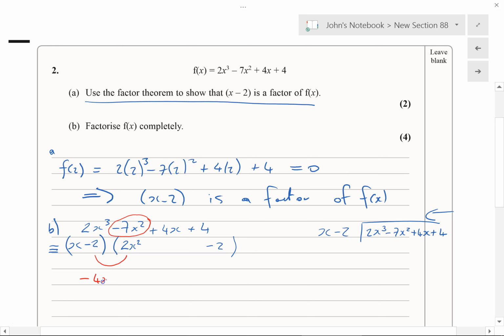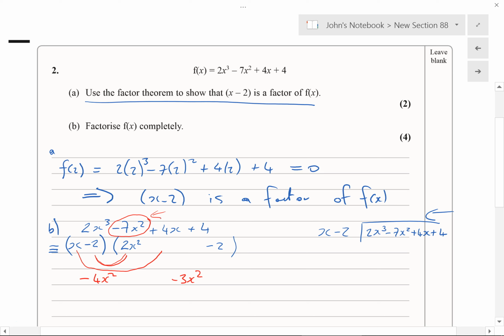Minus 4x squared, we're going to get from multiplying that by that, and we're also going to get it by multiplying this by whatever is there. So we've already got minus 4x squared by multiplying the 2 bits that we know, so we know that this bit would have to multiply to give minus 3x squared, so that I get minus 7x squared that I've got here.